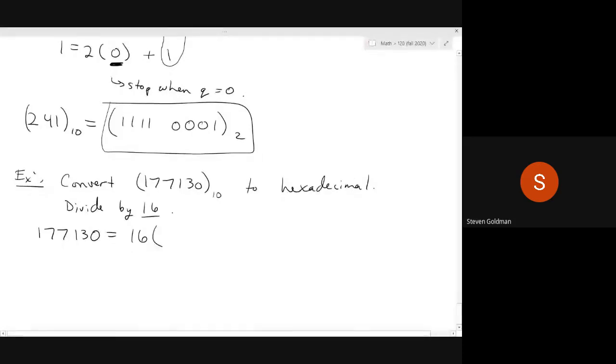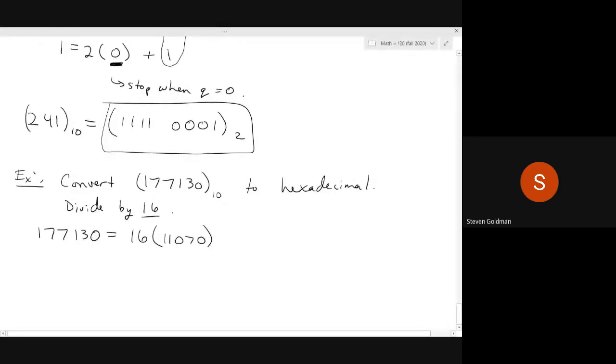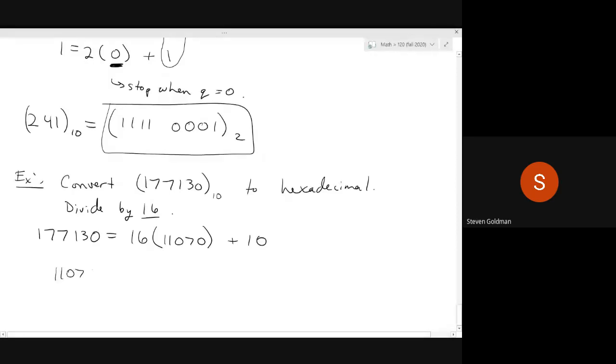How many times does 16 go into 177,130? Well, hopefully you have your calculator handy. You divide. You see it goes in 11,070 times. And then the remainder will be 10. We keep going. I take my quotient, 11,070.